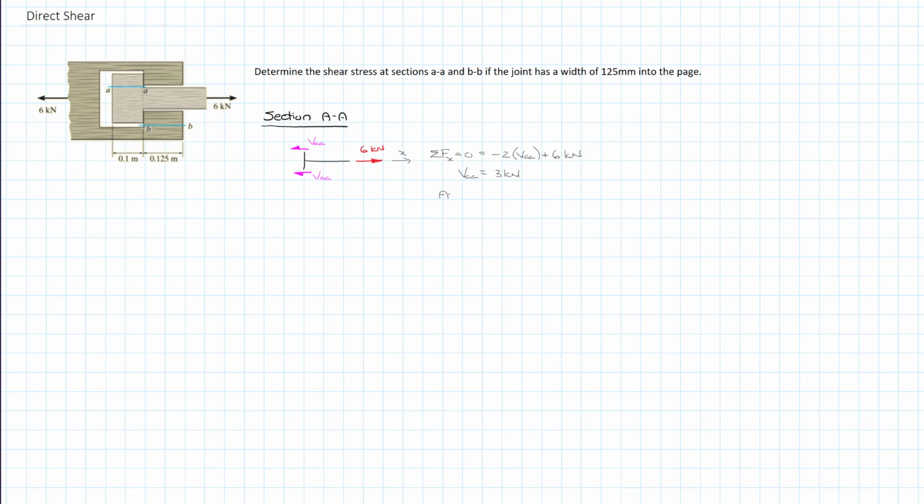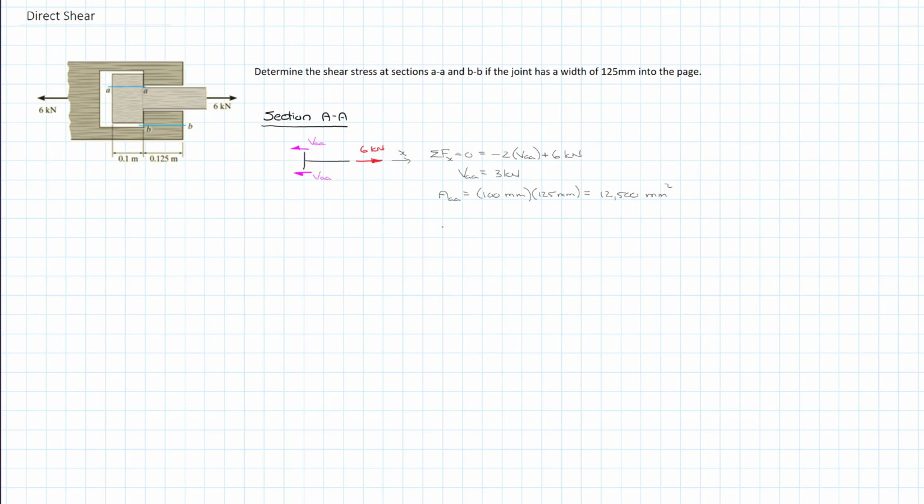And we get area of AA. And that's going to be equal to 100 millimeters, which is the width as shown on the diagram, and then the depth into the page as per the question was 125 millimeters, and so that's equal to a value of 12,500 millimeters squared.